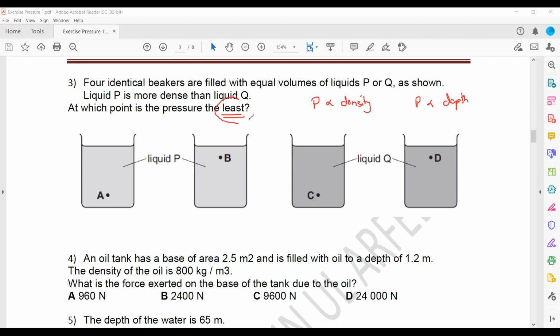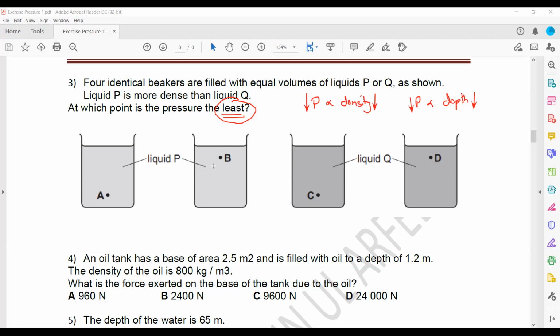So for the pressure to be least or minimum: if density is high, pressure will be high, and if density is low, the pressure exerted by the liquid will be low. So we want a smaller value of pressure by the liquid. So we want low density liquid and we want lower depth as well.